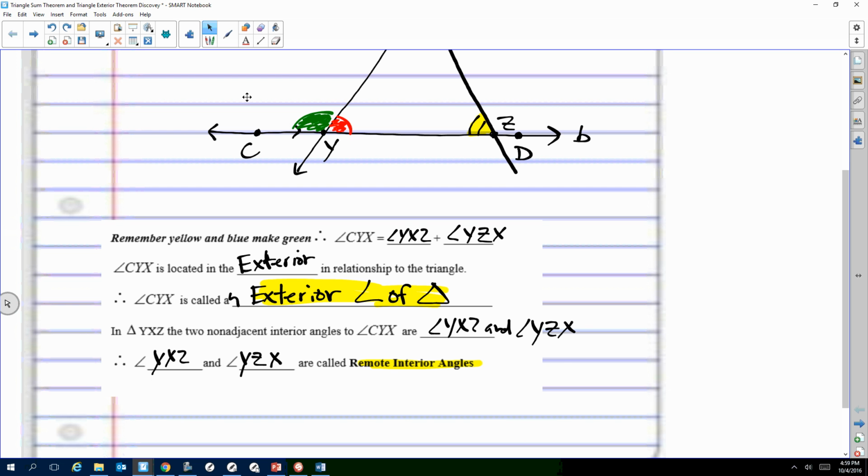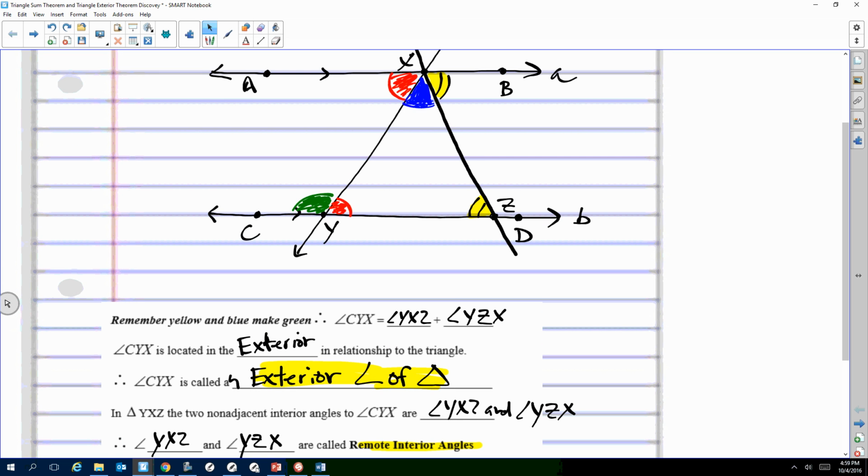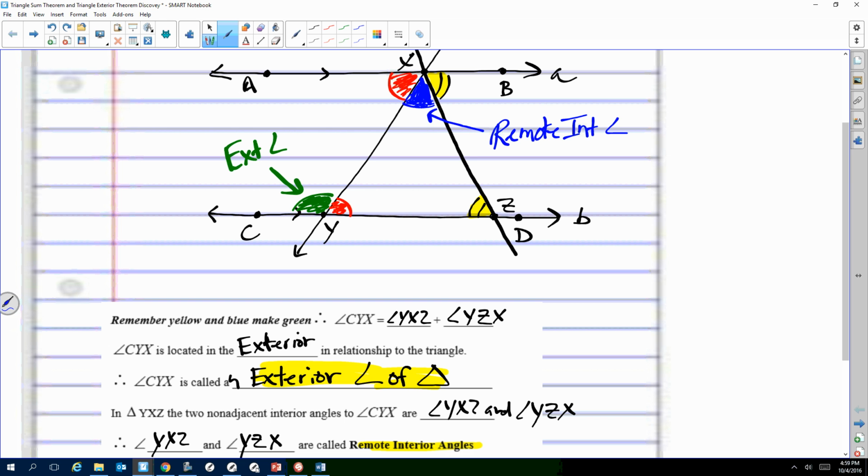So in our diagram that we created, yellow and blue make green. But right here, this green is the exterior angle of the triangle, and I'm going to abbreviate that. And then the non-adjacent angles, so I'm going to just write remote interior angles, would be here and there. Okay? So make sure you know there's a relationship here.